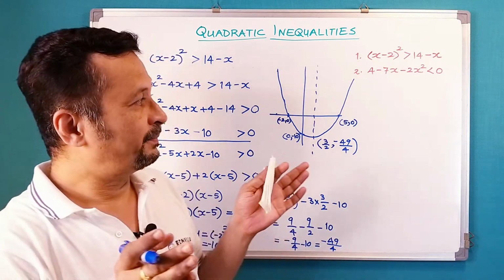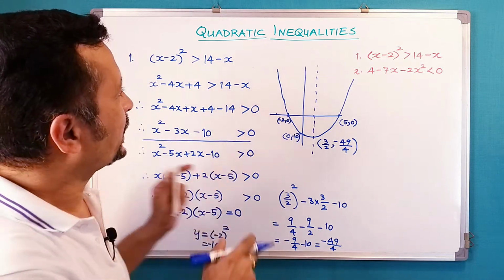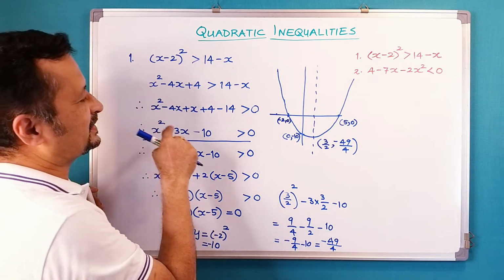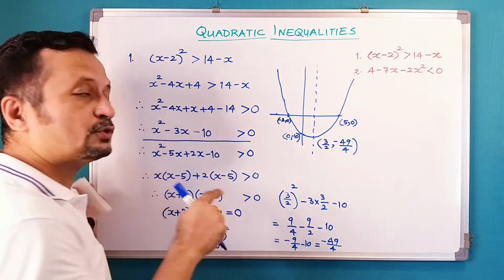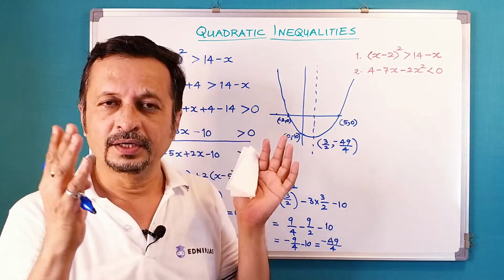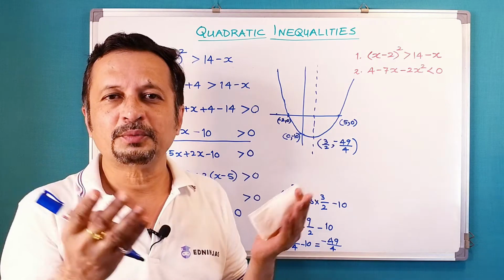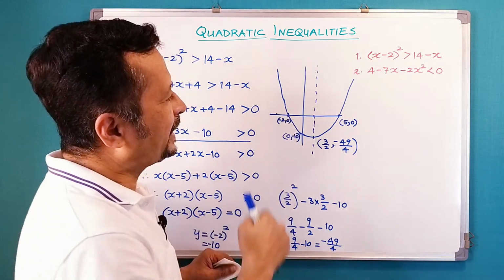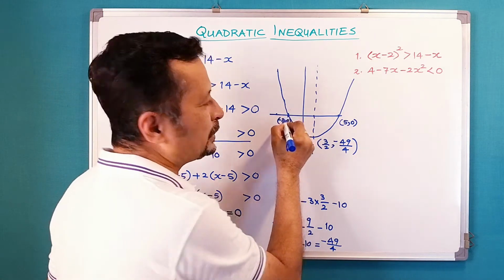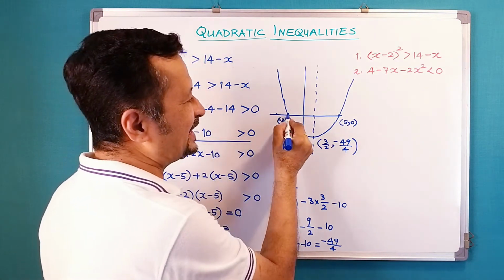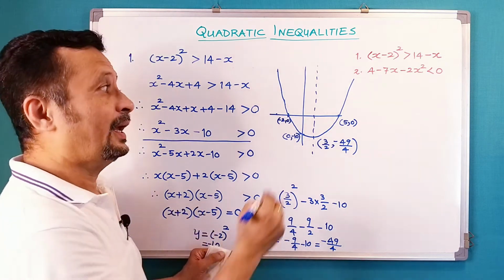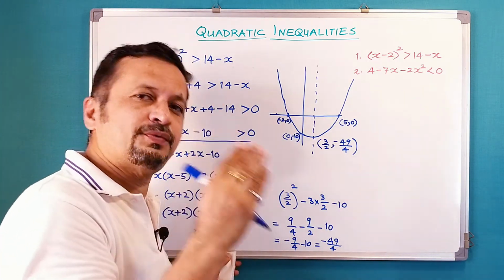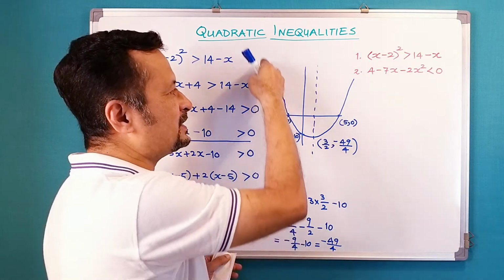Now here, my condition is x square minus 3x minus 10 has to be greater than 0. That means my y has to be positive, correct? Now here you can see that for any value of x which is less than -2 and greater than 5, only for those values of x my y is positive.